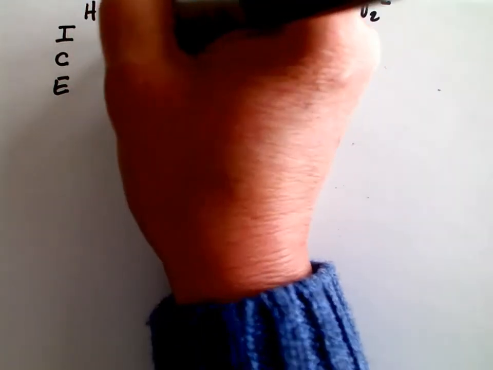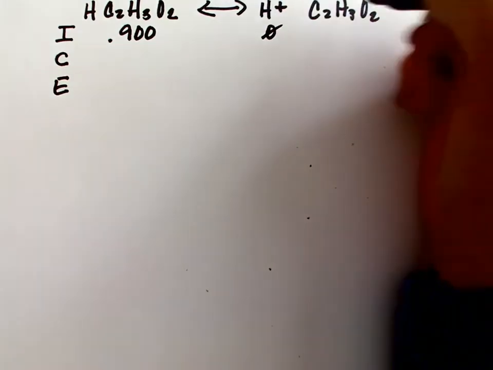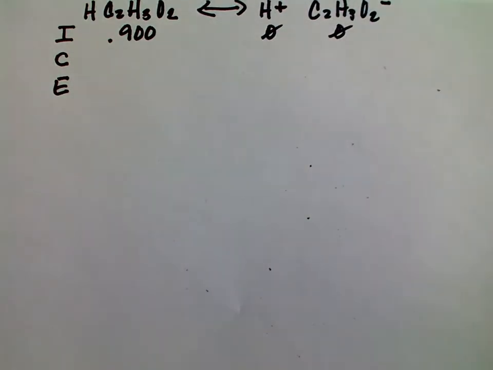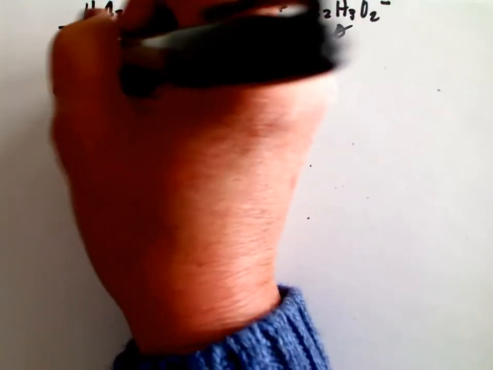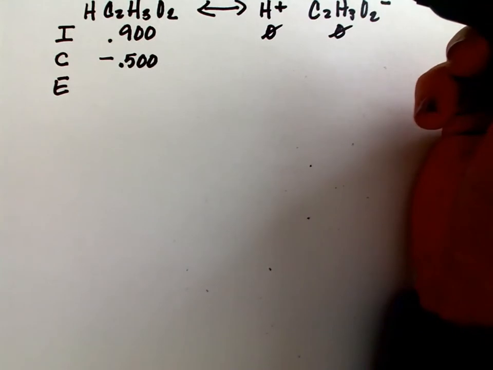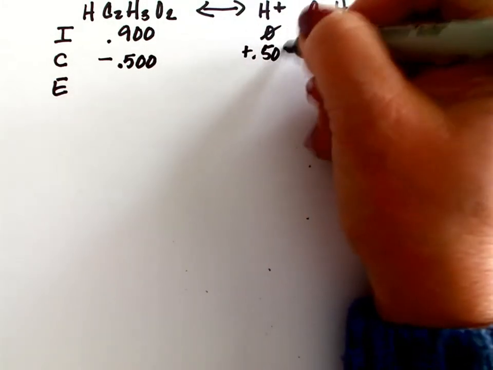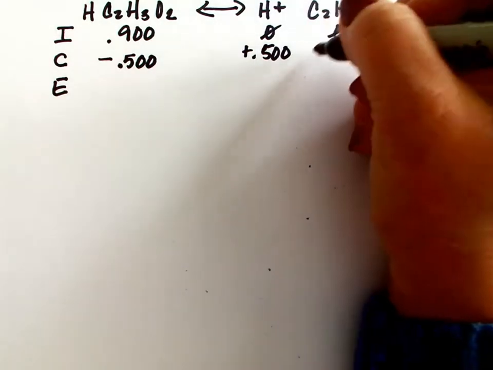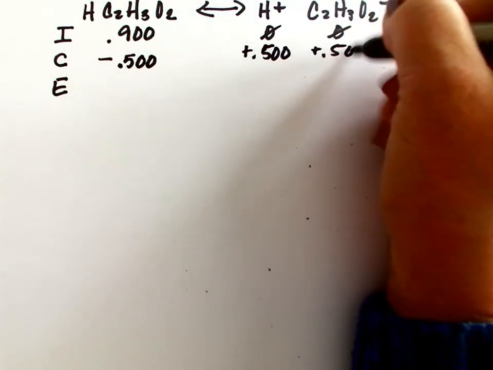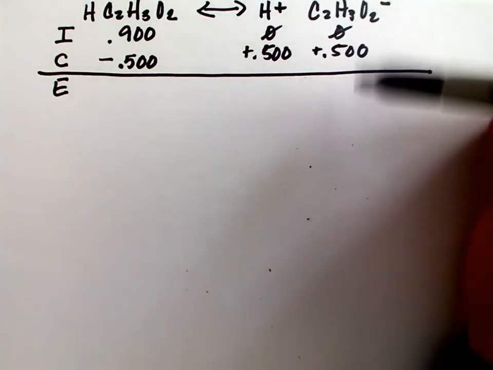And our initial concentration of that acid is 0.900. We have 0 hydrogen ion and we have 0 acetate ion. Okay. We are adding 0.500 moles of hydroxide ion, which will be neutralized by that weak acid, so we will be producing hydrogen ion and acetate ion.